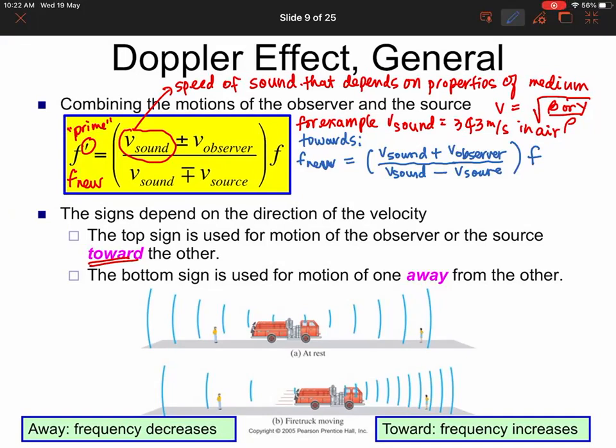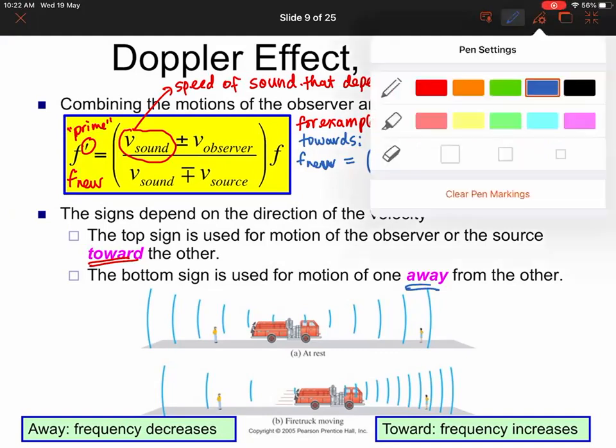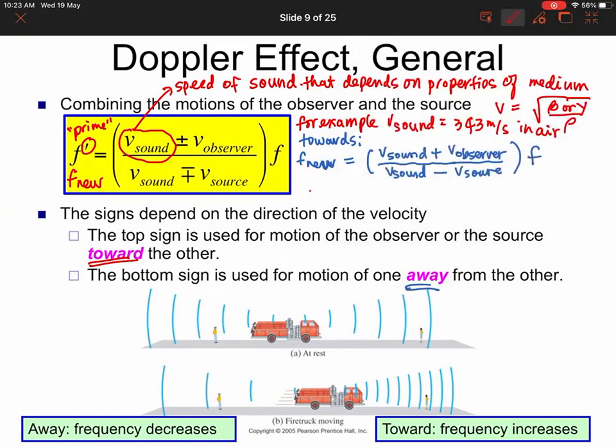And if either the source or the observer or both are moving away from each other, the equation should give you a smaller frequency. Okay, because movement away will decrease the frequency, as you can see in this figure, behind the fire truck. And so the equation that you use should give you a smaller frequency.